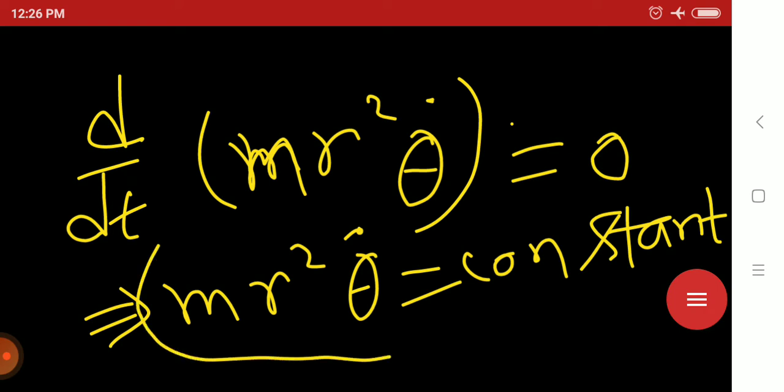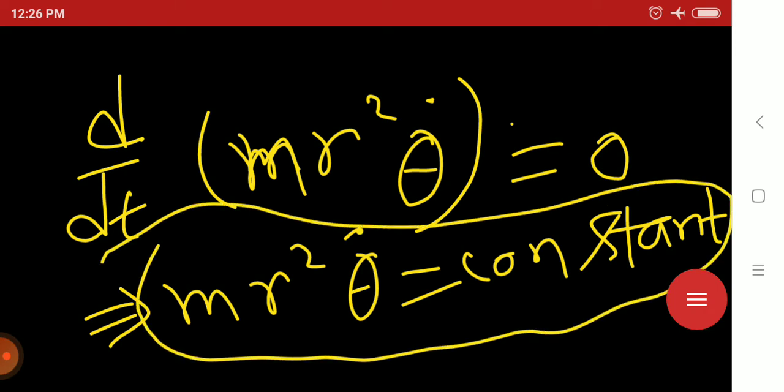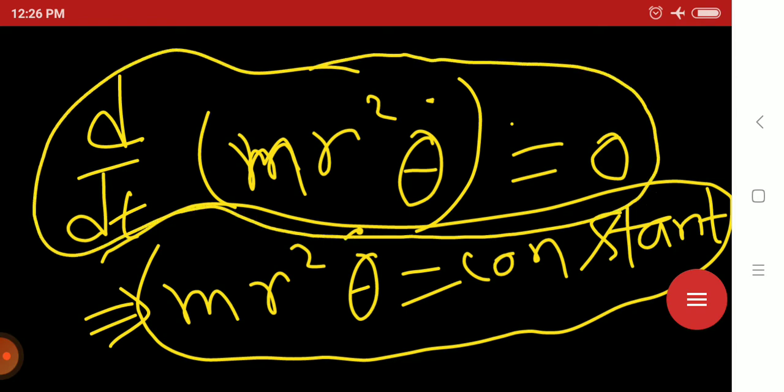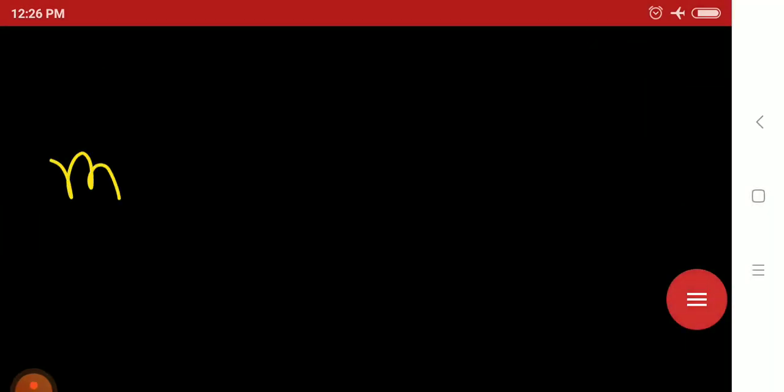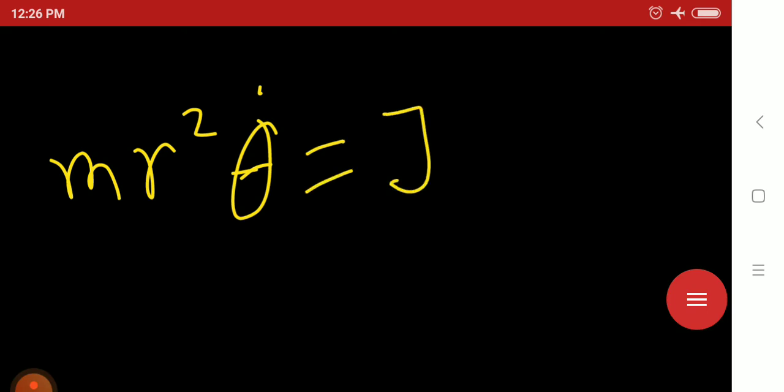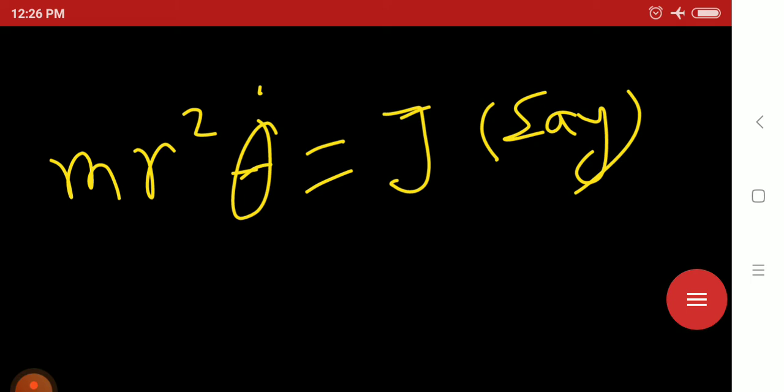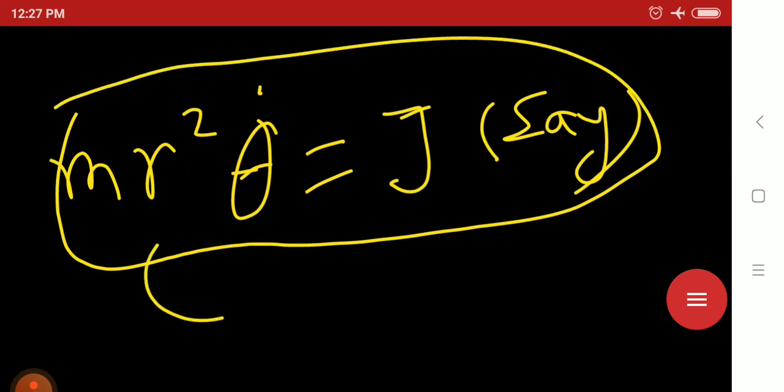So we can denote the constant quantity by a physical observable: m r square theta dot equals constant equals J. This m r square theta dot equals J is known as the first integral of motion.